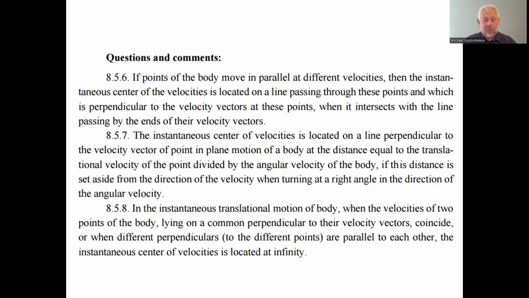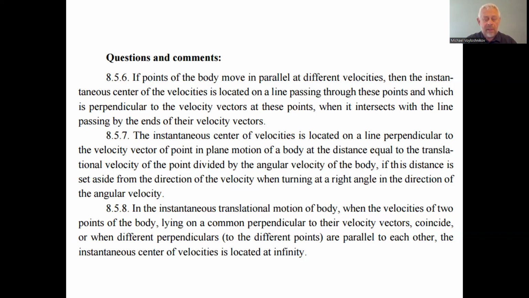The intersection of these two lines, the line connecting the points and the line connecting the ends of the vectors of the translational velocities of these points, gives us the instantaneous center of velocity.